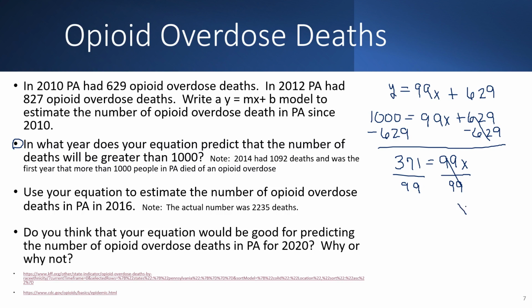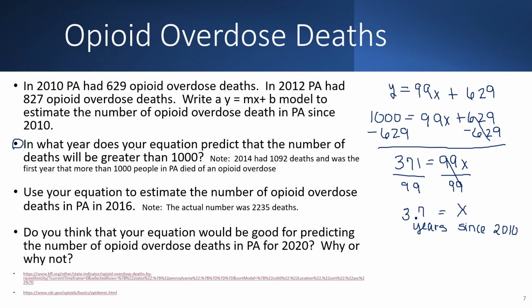And again, this gives me x, and with the help of my calculator, and I did round this number off, I got 3.7. So I have to think through, well, what does that mean, and does that answer the question? We're certainly on the way to answering the question, but we are not quite there. So this is the x value, and x is our years, and specifically this is going to be the years since 2010, because we had 2010 as our starting point.